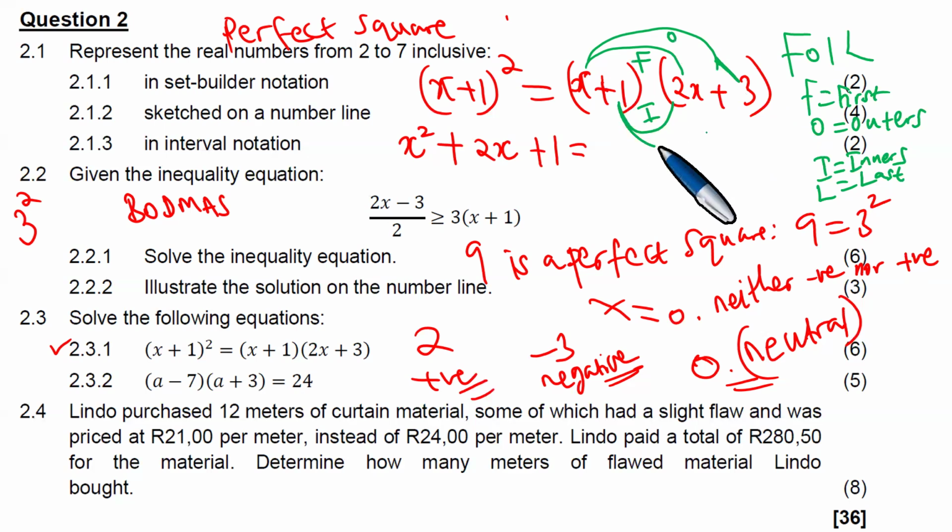And then you multiply the last. So we multiply the first, then the outers, the inners, and then the last. So we have x and 2x.